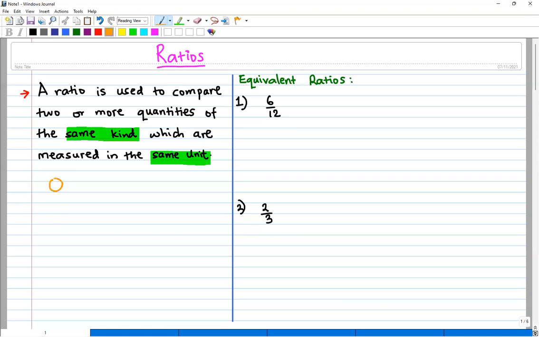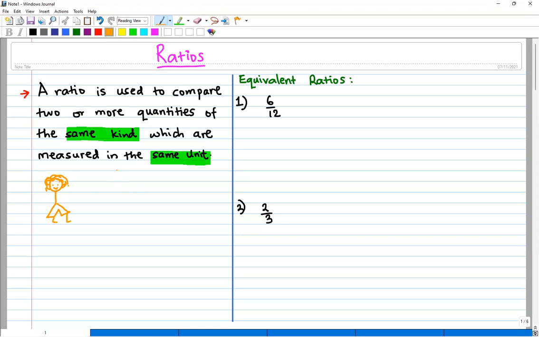We have this one. Don't mind about my drawing. It may not be that perfect, but I just want to show you something.